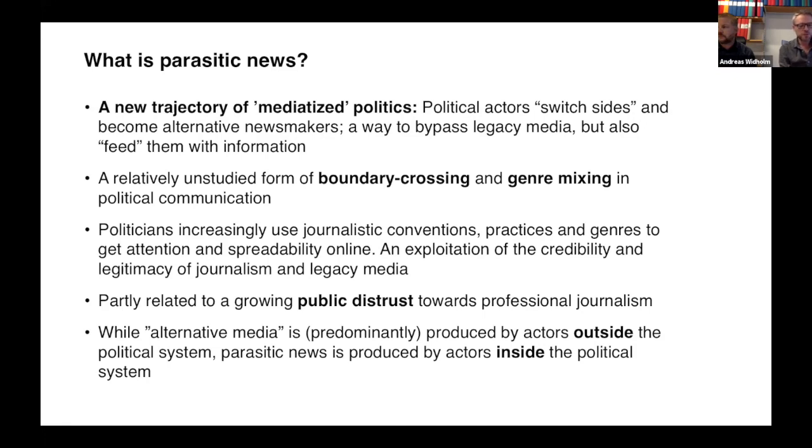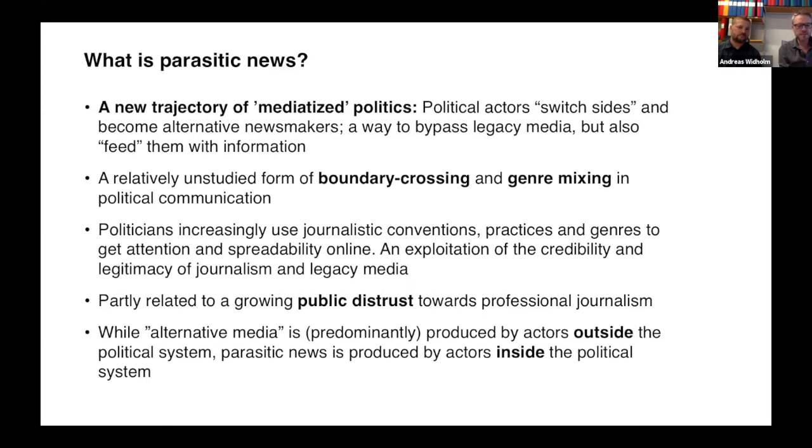When politicians communicate in the form of parasitic news, they switch sides and position themselves as journalists or reporters. They imitate news for political purposes, so to speak. Parasitic news can also be understood as a way of exploiting the credibility and trustworthiness of journalism for political purposes.